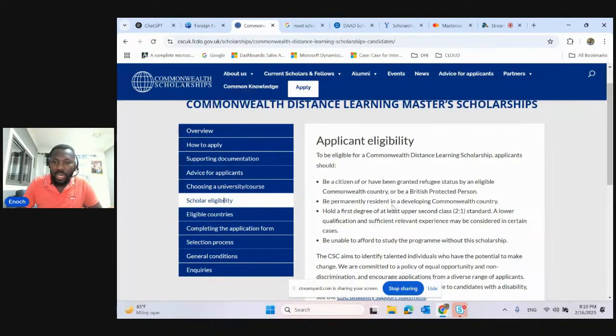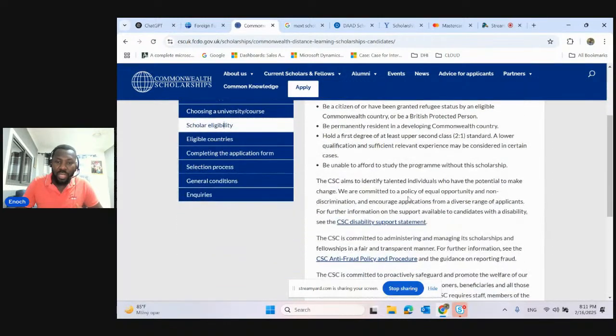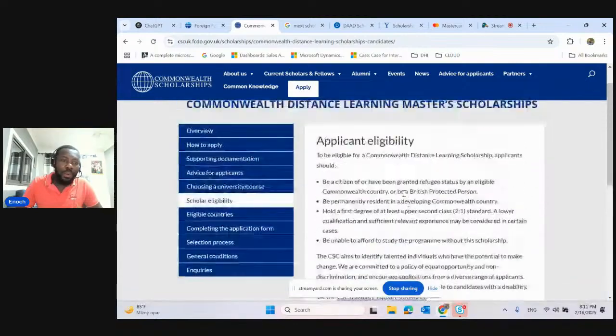We know that already, and you must have a first degree of at least second upper or a second lower qualification, and sufficient relevant experience may be considered. So first class, second upper, or even if you have a second lower but you also have relevant professional experience, you would be considered for this program.